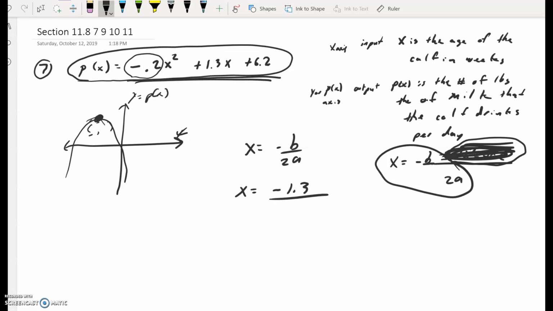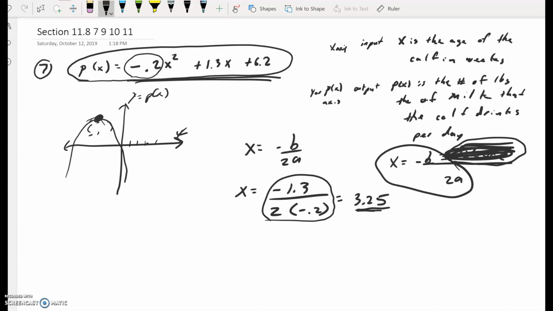That's negative 1.3 over 2 times a. I'm going to do that on a calculator. So when I do this calculation on the calculator, I find that x equals 3.25. You can see that my picture over here was way off because the vertex is at x equals 3.25 and I don't know how high it is yet.